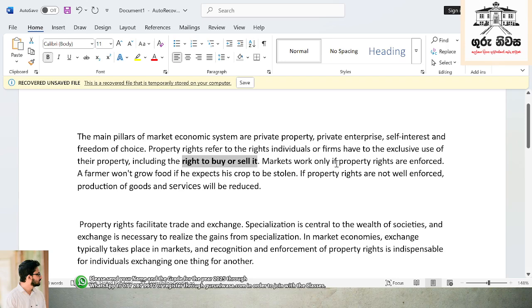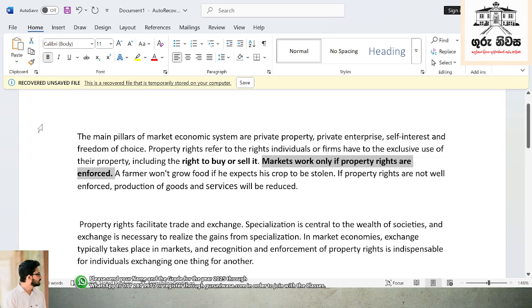Markets work only if property rights are enforced. I think it's better to take a screenshot. Don't try to write down the answer. Listen to me carefully, what I'm explaining.